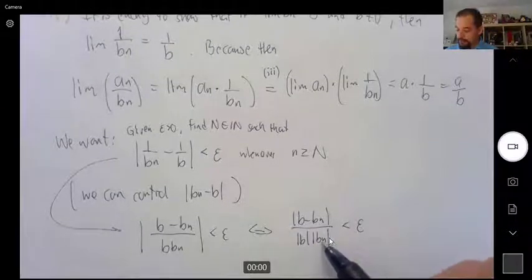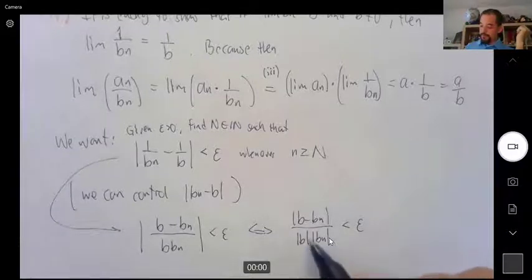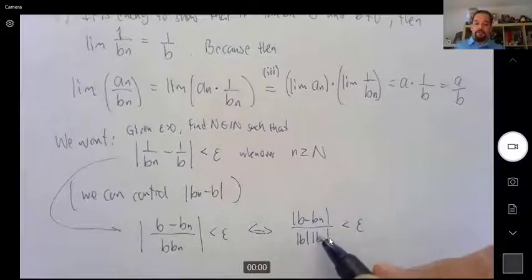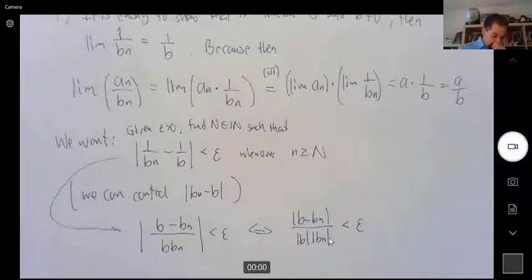In fact, bn, what if bn is 0 a lot of times? What if the sequence has a lot of zeros? That would be a problem because then we would be dividing by 0, right? So we know the limit of the sequence is not 0. So can we then show that eventually there are numbers that are bigger than 0? That's what we would need, right? And we can do that indeed.